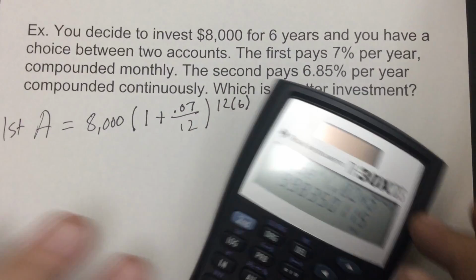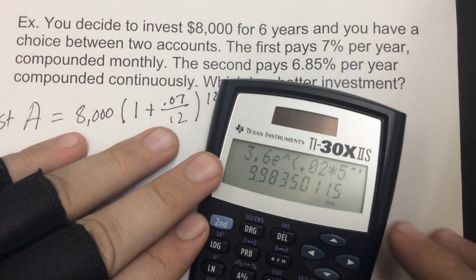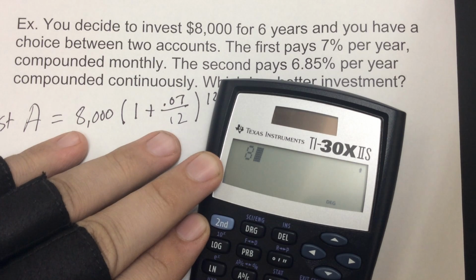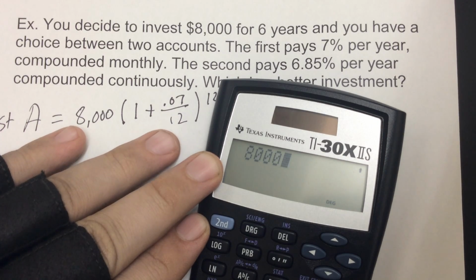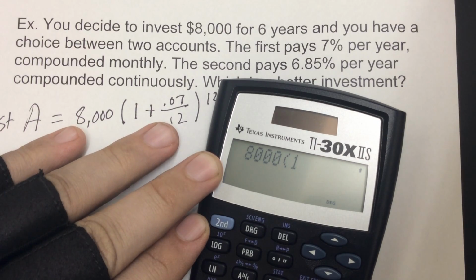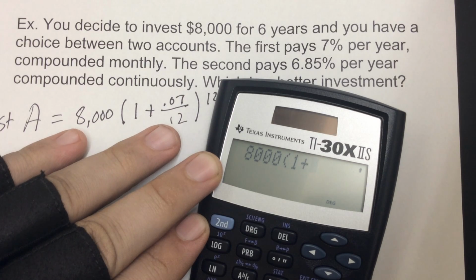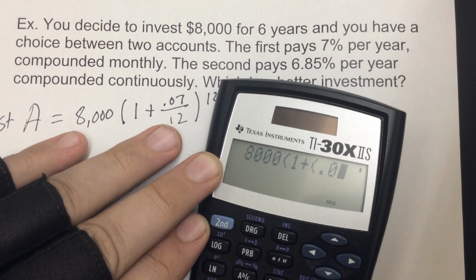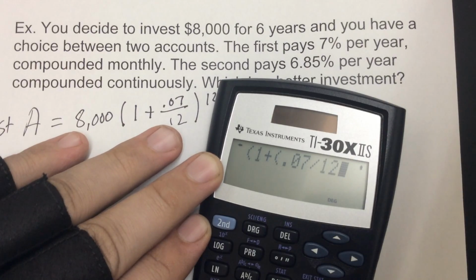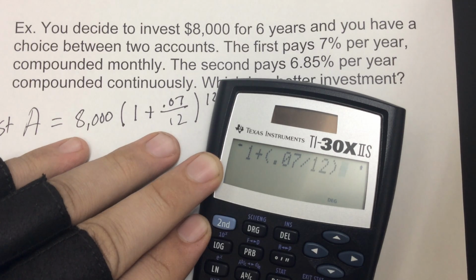So we're going to put that in our calculators. So 8,000, parentheses, 1 plus, now it's not going to like 0.07 as a fraction, so I'm going to do parentheses 0.07 divided by 12 and close it to make that fraction.